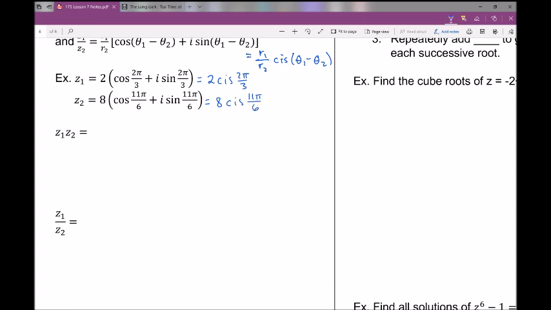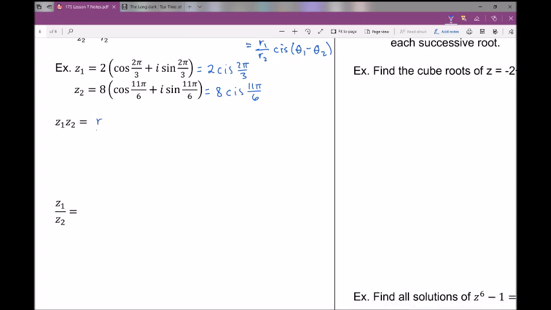So z1 z2, we know, is r1 times r2, and the 1 and 2 just refer to the 1 and 2 in the z respectively. So we have r1 r2 cis theta 1 plus theta 2. So r1 is 2, r2 is 8, and we have cis 2 pi over 3 plus 11 pi over 6.